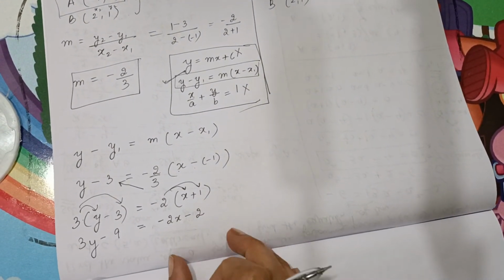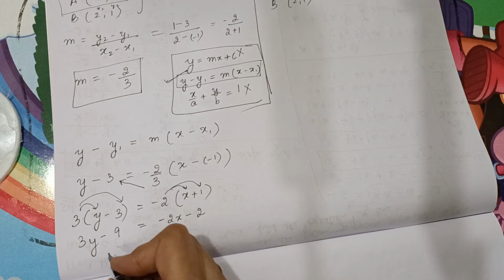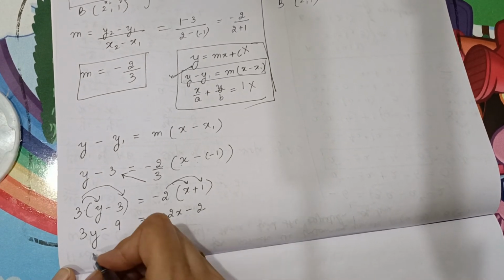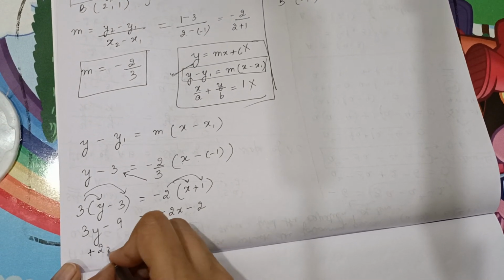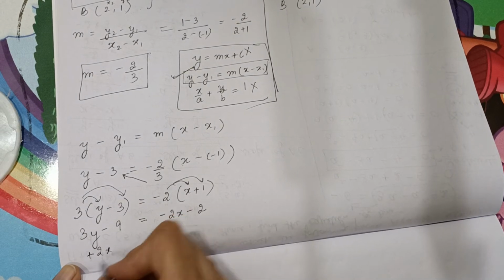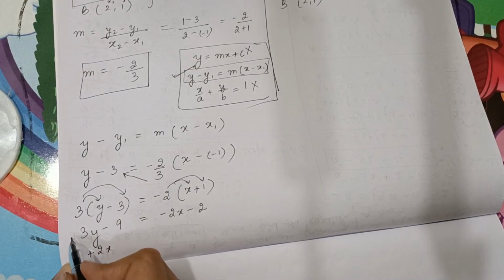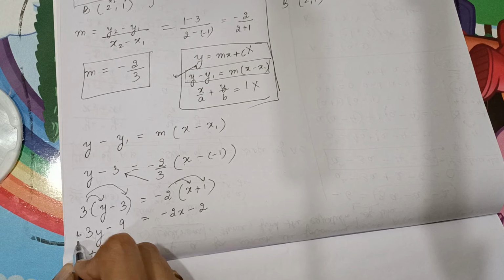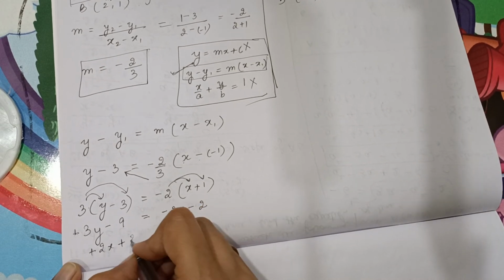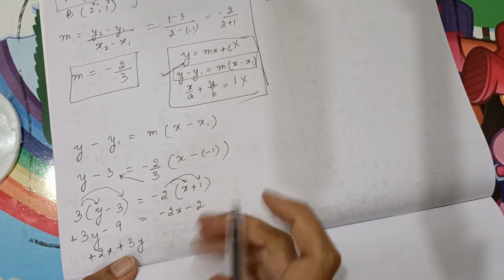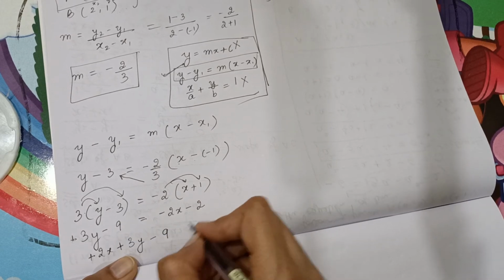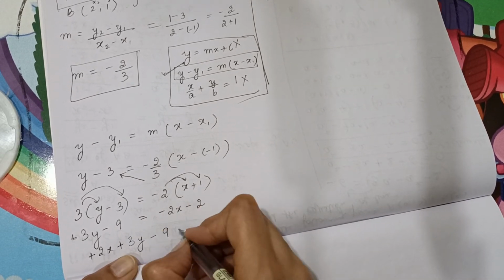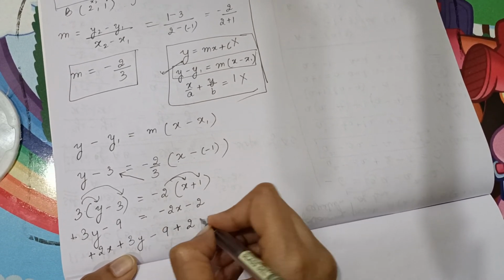Now let's shift everything to one side. When I am shifting minus 2x to the other side, it will become plus 2x. Then y is already there on this side, plus 3y. Then minus 9, when we shift it to the other side, it will become plus 2.